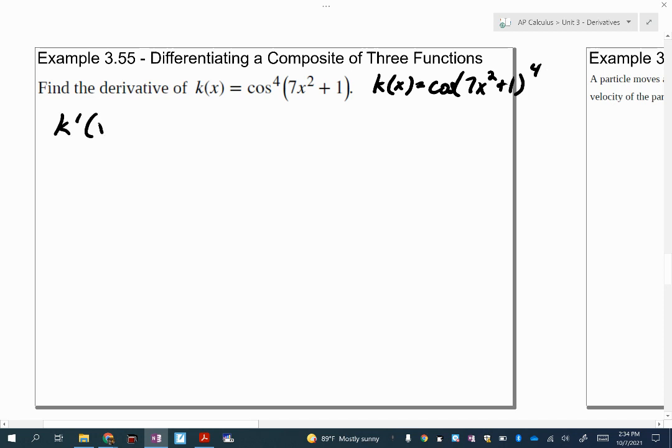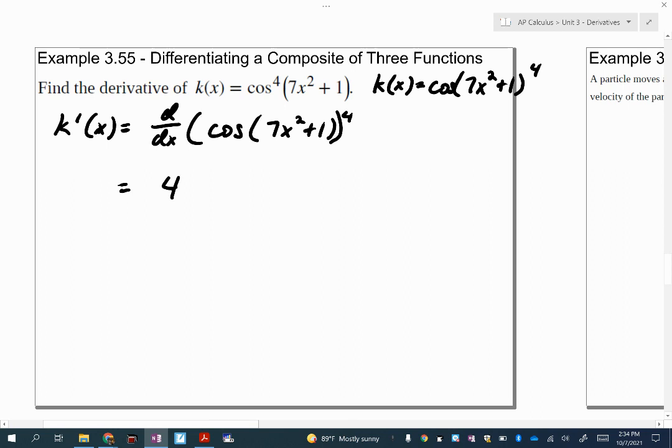So when I do the derivative of this function, I'm going to do d dx of cosine of 7x squared plus 1 all raised to the 4th power. The very first thing I'm going to do is deal with this power.